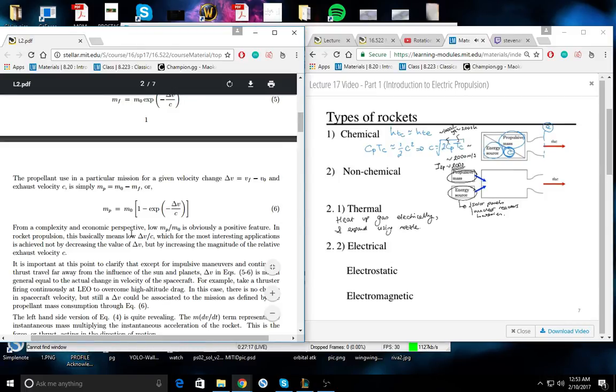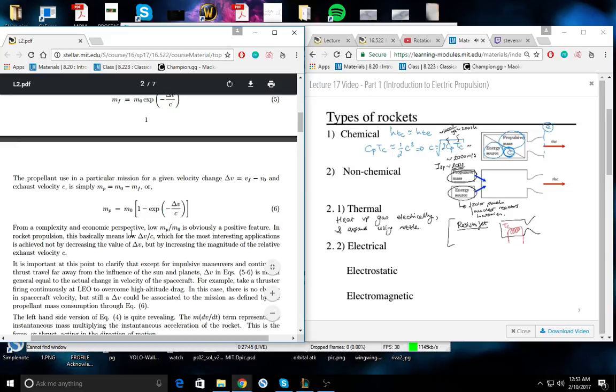So in principle, it's very similar to the chemical rocket, but the heating up of the gas is obtained in a very different manner. So a typical example of this is what we call the resistojet, in which we have a chamber in which we heat up the gas to a temperature Tc, and we do that using an electrical resistor instead of a combustion reaction.